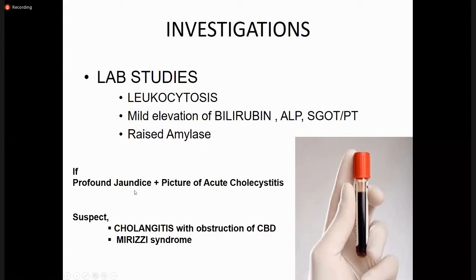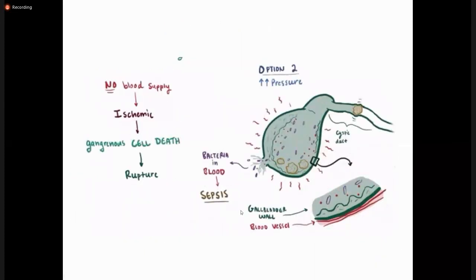What is Mirizzi syndrome? Mirizzi syndrome is basically when the gallbladder wall gets impacted with the common bile duct, and the large stone then obstructs the common hepatic duct.